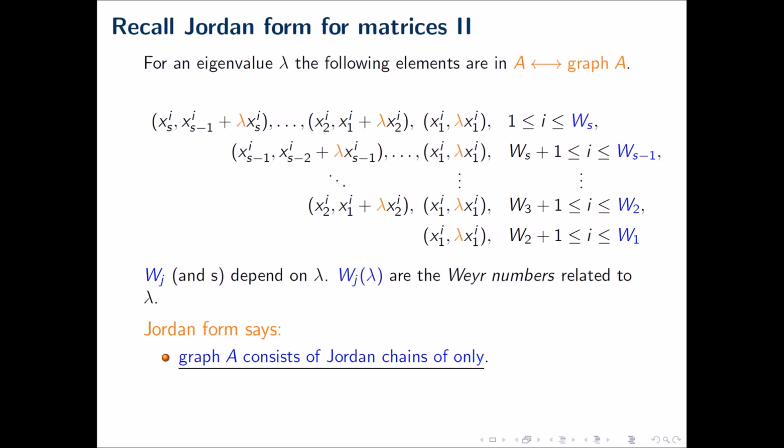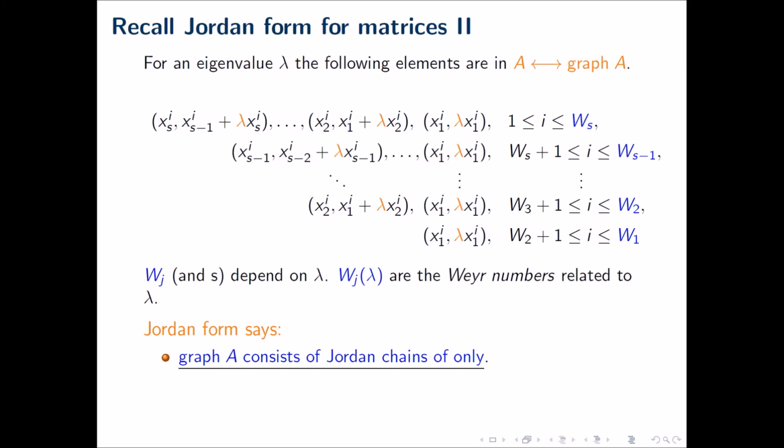There also exist Segre numbers, which are more well known. This is counting the block sizes. They are conjugate to each other, stuff like this. And so they get the name W.